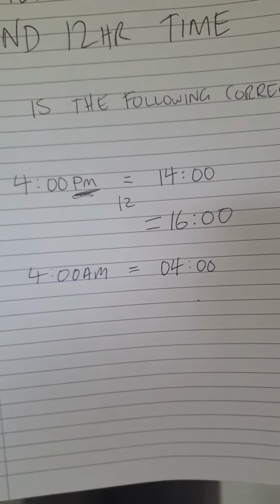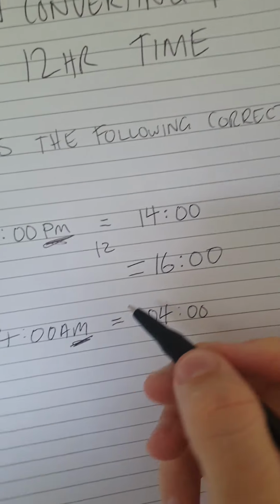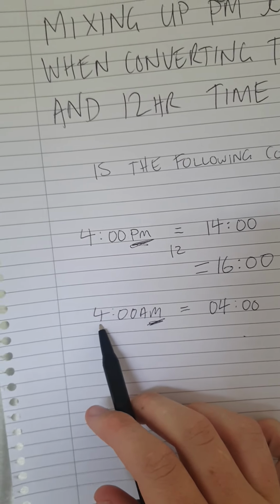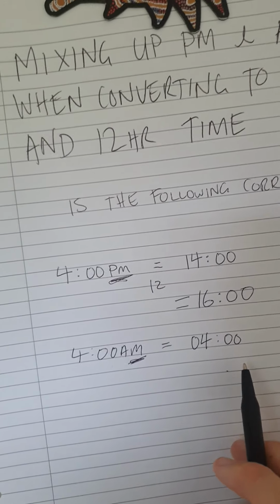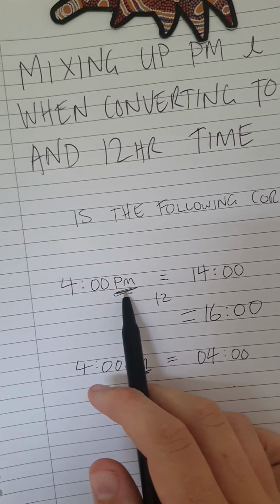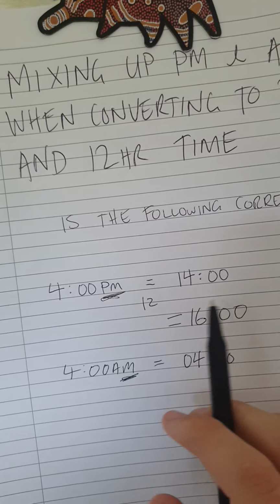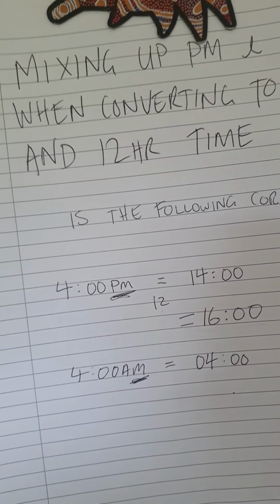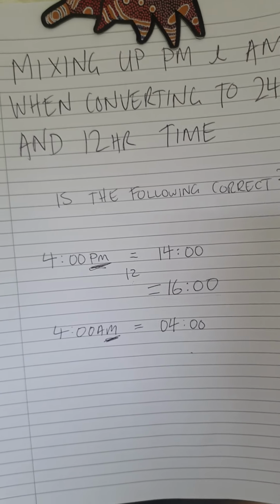So I think there has been some confusion when we've looked at the AM, and then we are thinking that it's just the straight conversion from 4 AM to 0400. Whereas if it's PM, that's our prime focus. We know that it's going to be 1600 in 24-hour time. We're adding the 12. So that's our basic rule. We just need to add 12 hours.